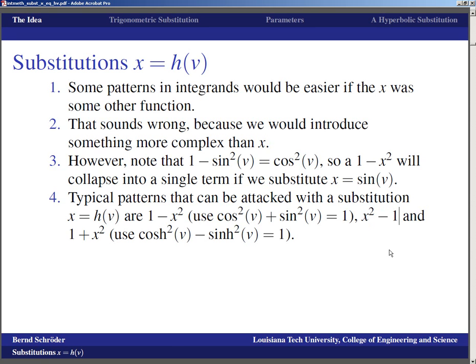Now, these two patterns are also often attacked with the tangent and the secant, because those satisfy similar trigonometric formulas.